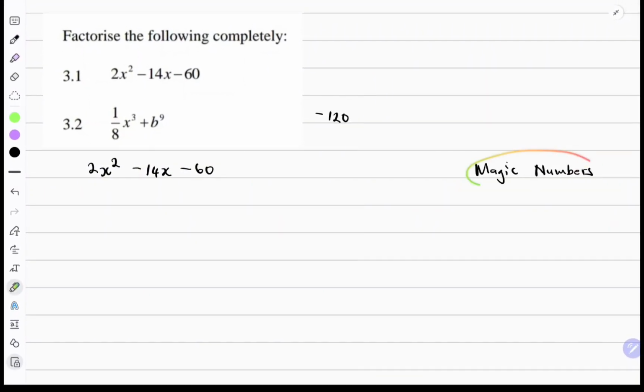So now you have to find the magic numbers. You need to find two numbers such that when you multiply them, you get negative 120, and when you add them, you get the coefficient of the middle term, which is minus 14. So let's write all the possible combinations.